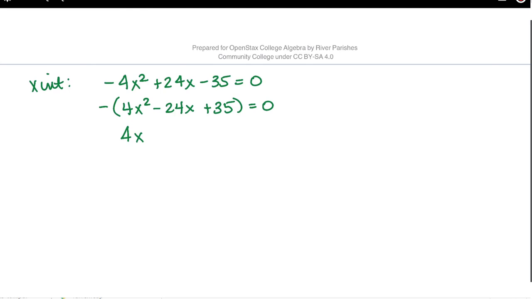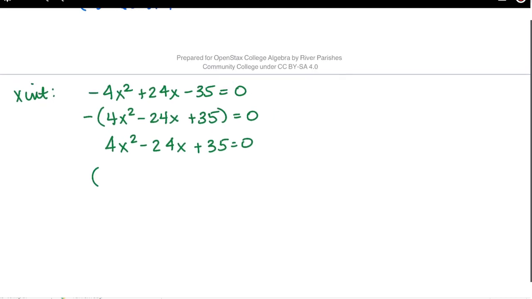if I have 4x squared minus 24x plus 35 equals 0, and I divided both sides by negative, I would get this here. Actually, I'm not going to do it that way. I don't want to confuse anybody. So what we do is we multiply the leading coefficient times the constant.